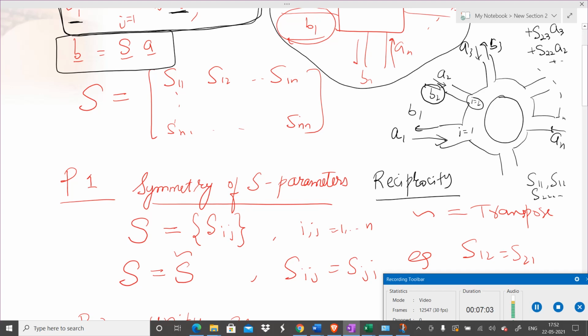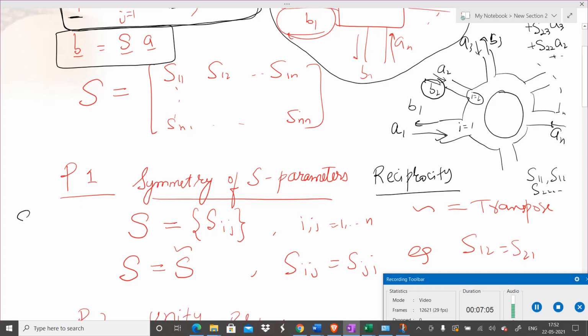The S parameters will remain the same. In other words, S12 will be the same as S21. It means that whether I am feeding in the EM wave at port 1 or port 2, the S parameter should not change. S32 should be the same as S23, and so on and so forth. So in general, Sij should be the same as Sji for all i, j. Of course, diagonal elements are the same.